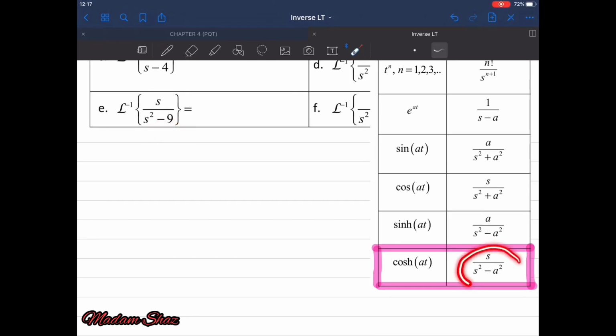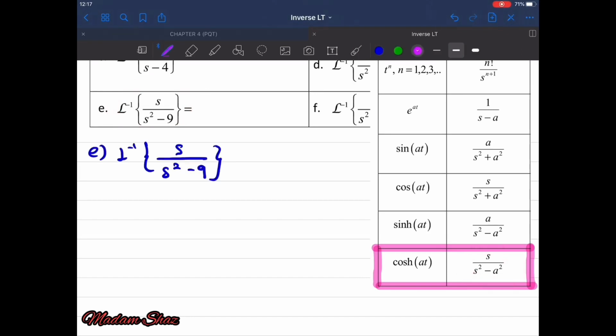So this is s over s squared minus a squared. For s squared plus a squared, the table has this one; if you are given s squared minus a number, you have to refer to s squared minus a squared. The difference is whether you have a constant at the upper side or s at the upper side. For this one, we want to use the s at the upper side.